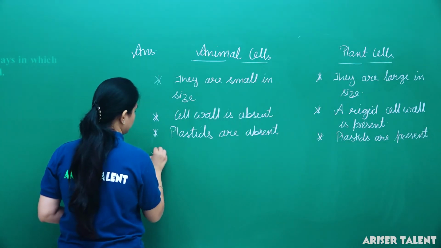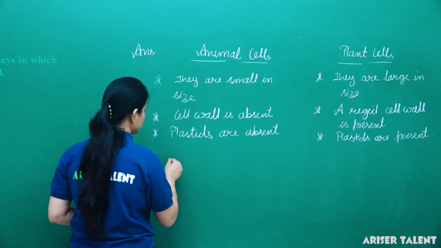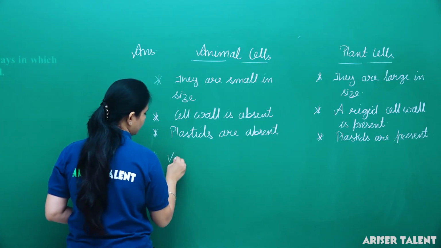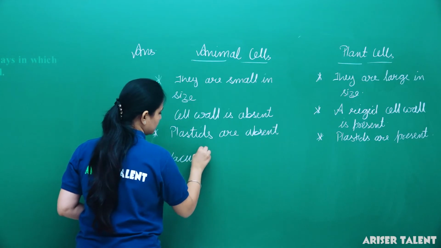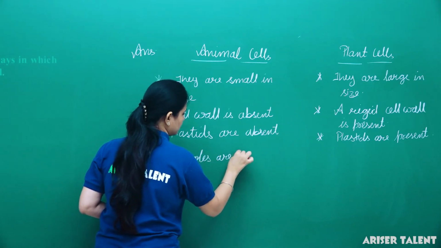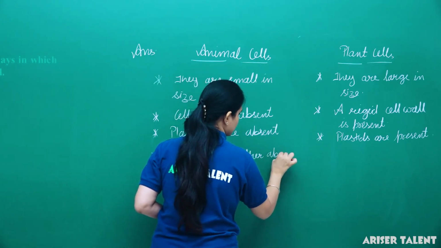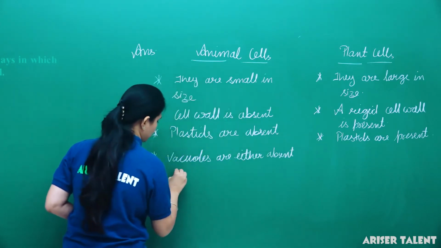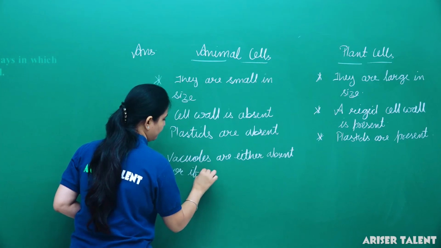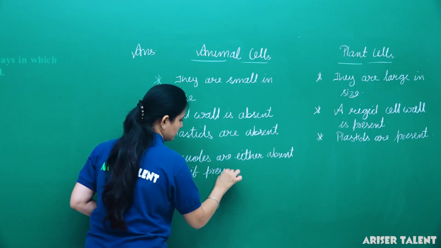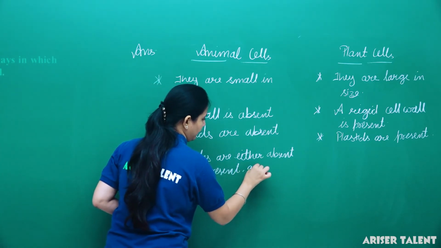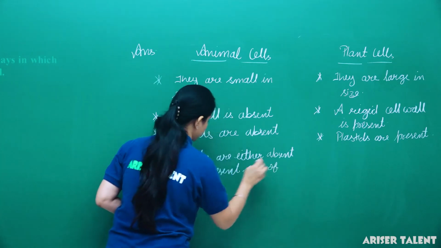Beside it, vacuoles, if we talk about the vacuoles, then in animal cells vacuoles are either absent, or if present are of small size.